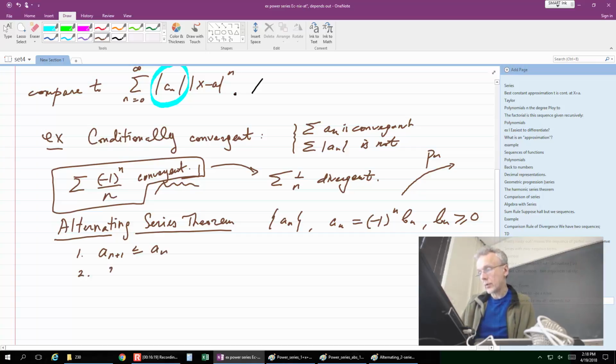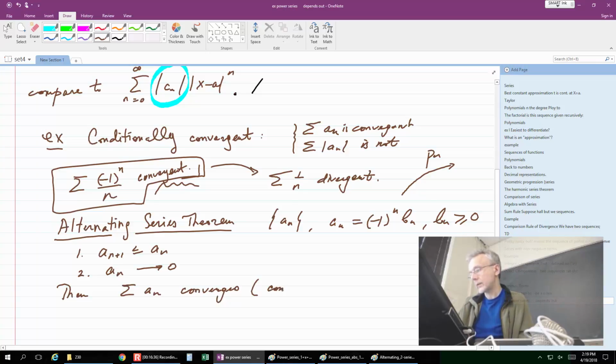And number 2, b_n is going towards 0. Then the original alternating series converges. We cannot actually say that it converges conditionally. It could still converge absolutely, but the fact remains it does converge.